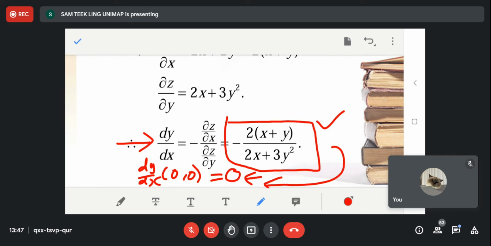So if you find this in your question, you cannot skip this step. You must show that, and then you give your final answer.